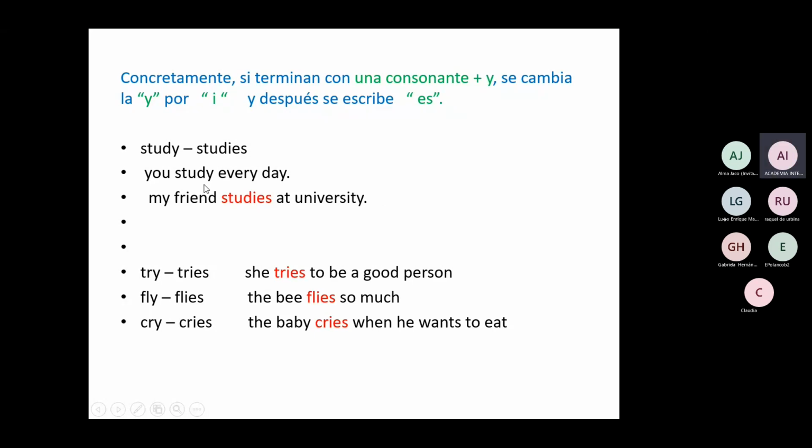Ahora, ¿alguna idea que tengan por qué en el segundo ejemplo no lo uso de esta forma y en el ejemplo de abajo sí está diferente? You study every day. This is normal. But in this sentence, my friend studies at university. The verb is different, and why? ¿Alguien tiene alguna idea por qué está distinto?